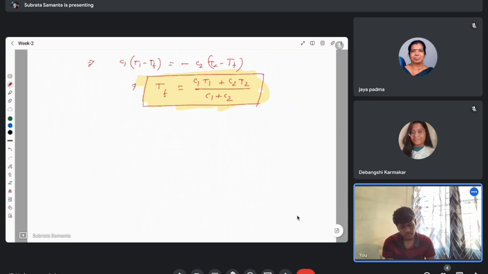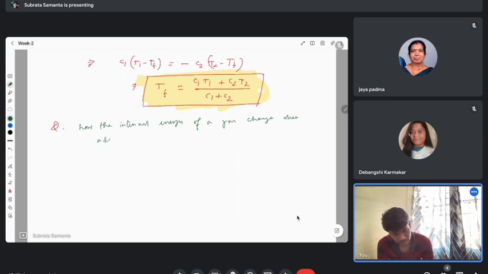So now we are going into details of how the internal energy of a gas changes when we add heat to the system. So the question is: how does the internal energy of a gas change when adding heat?